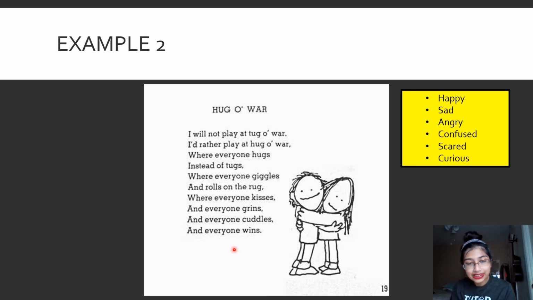And because the author used so many nice words that make us happy, when we look at this picture, I think the author wants us to feel happy. And that's why the author put this hugging picture of two smiling people as a support for his text.